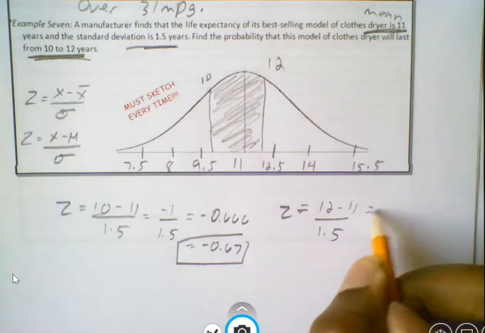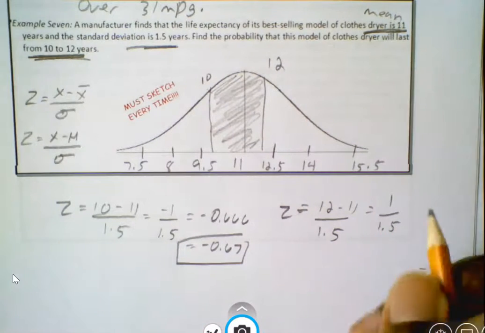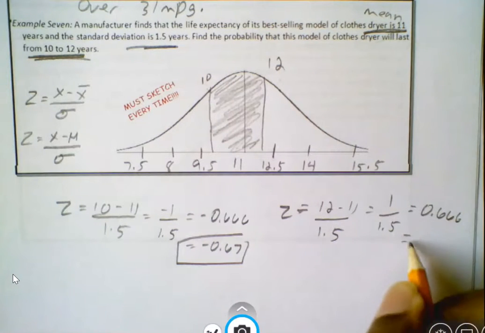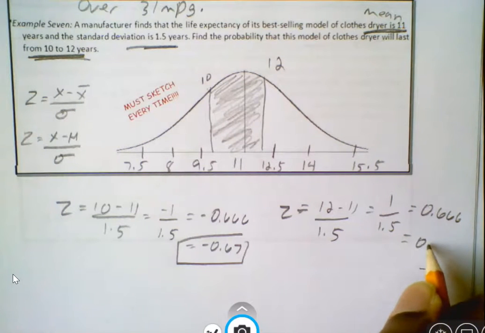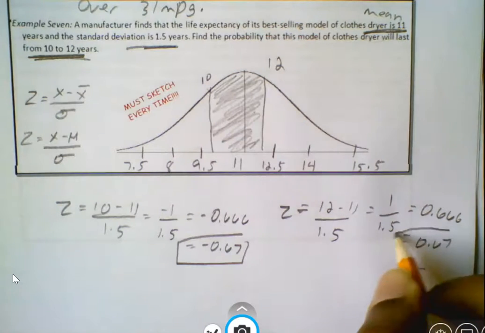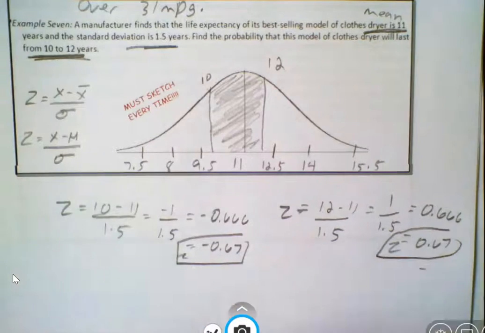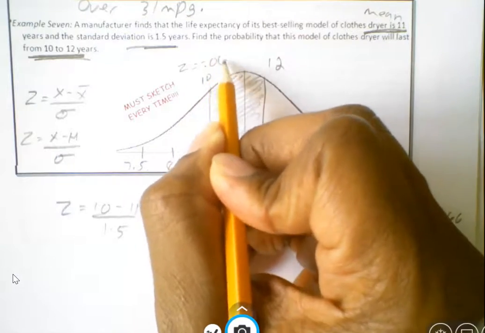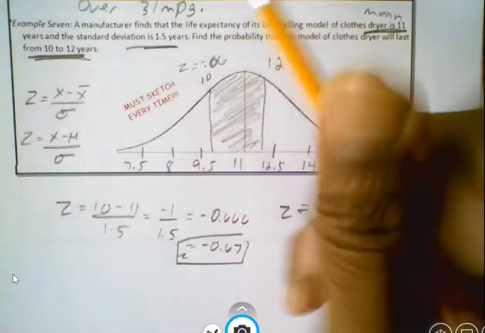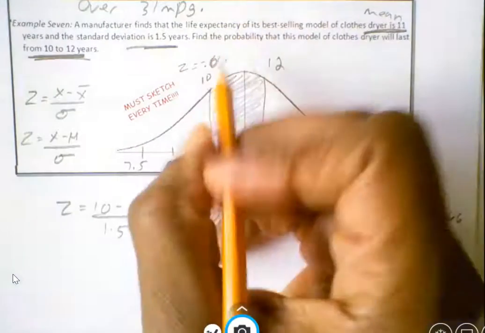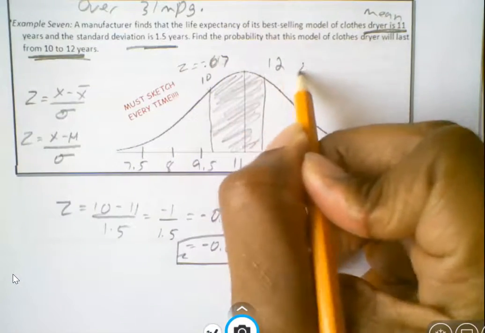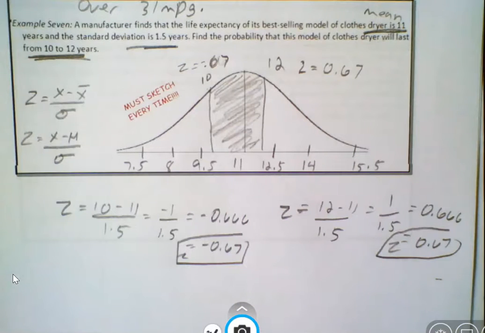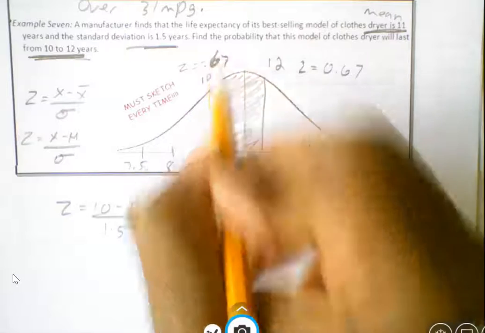And then this is going to be positive 1 over 1.5, so it should be positive 0.666, or positive 0.67. So those are the two z-scores that we have in question: negative 0.67, and the other one is positive 0.67. So we can go to the z-score table and find each one of those.